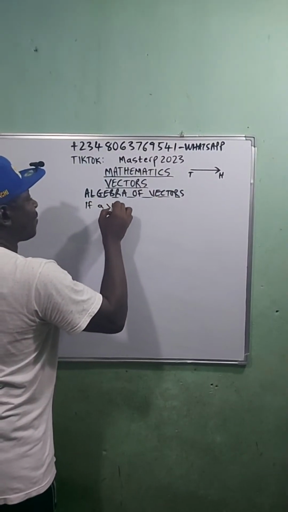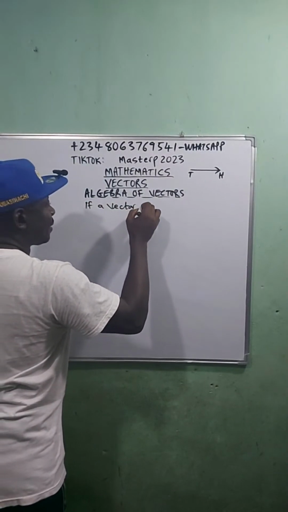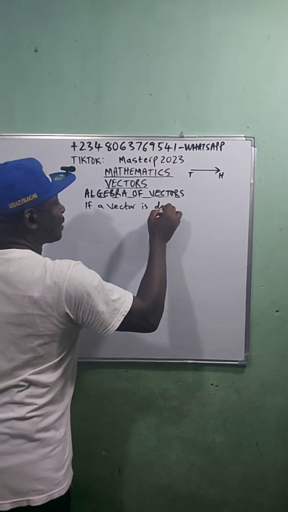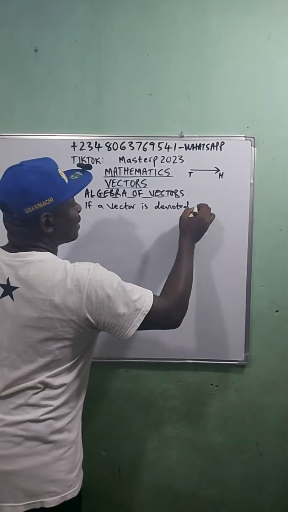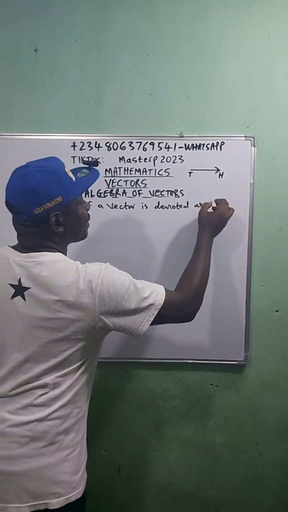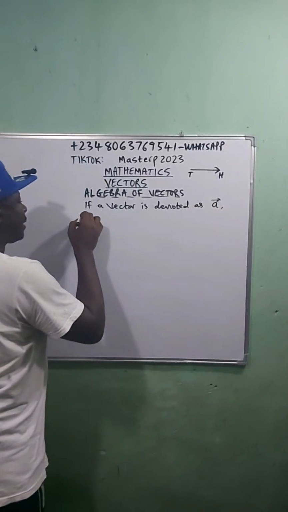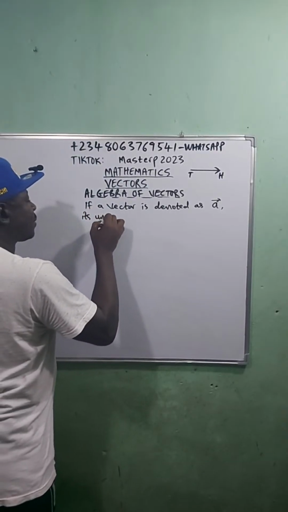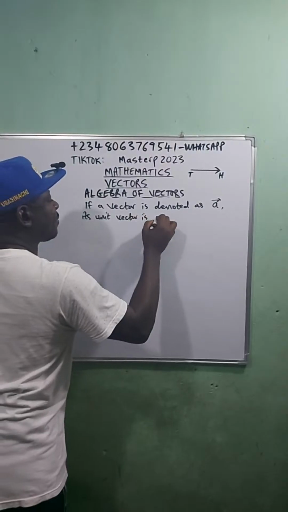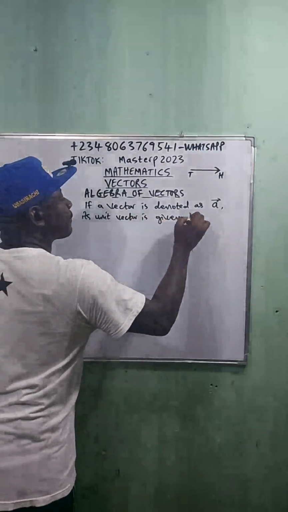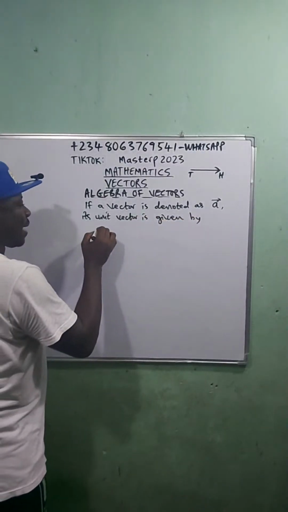If a vector is denoted as A, then its unit vector will be given by u cap.